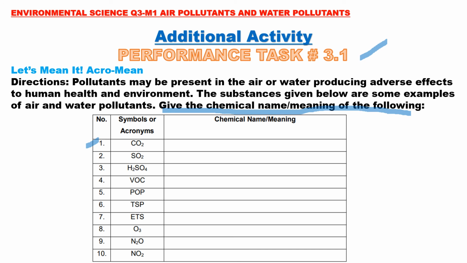Number 1, CO2; 2, SO2; 3, H2SO4; 4, VOC; 5, POP; 6, TSP; 7, ETS; 8, O3; 9, N2O; and 10, NO2. Write the meaning of the symbols or acronyms in the third column.